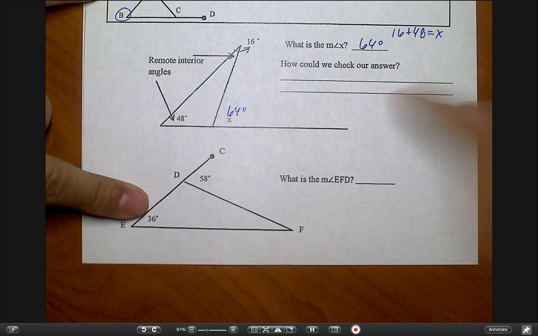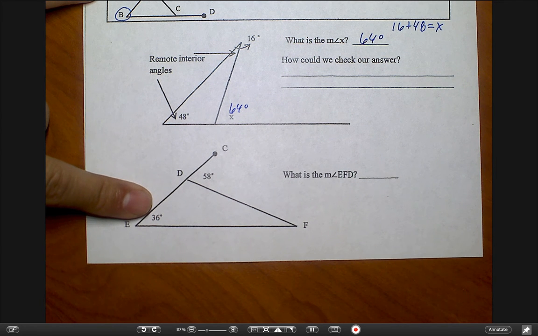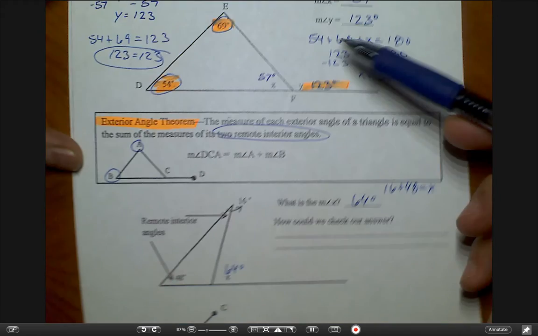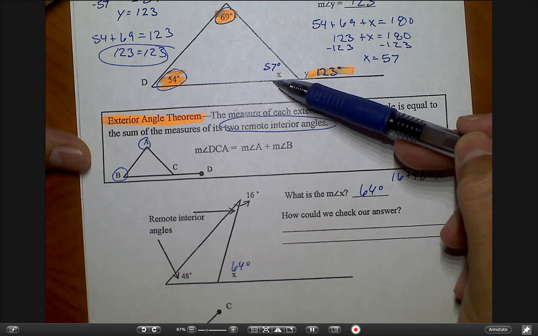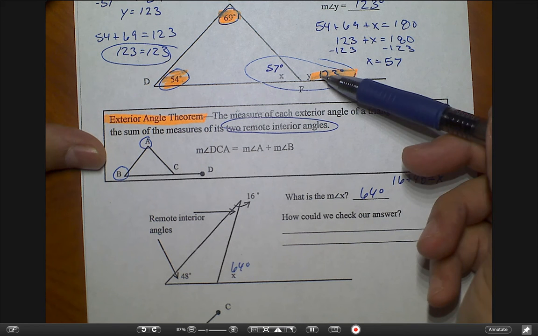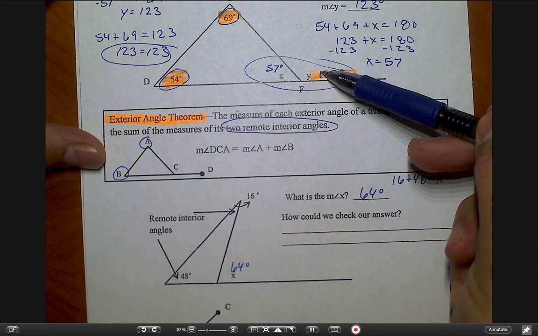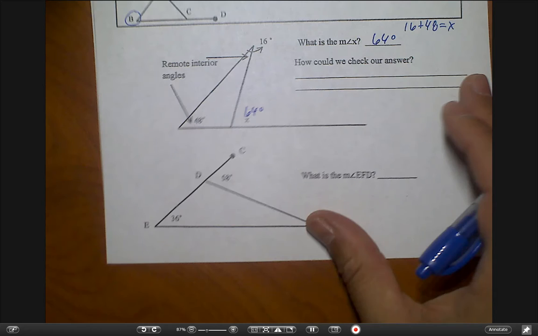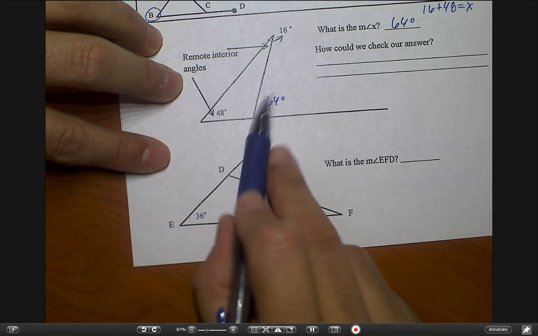What could we do to check our answer? You can add all together. How do we do this one over here with the x and y? To check this answer, don't these two together have to add up to 180? We know what this one is here, right?